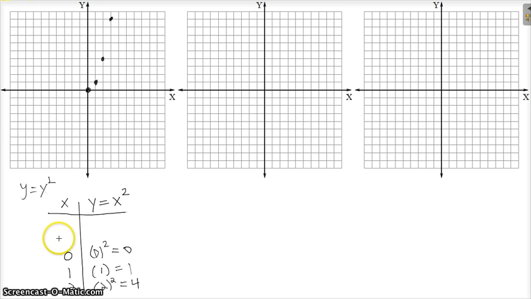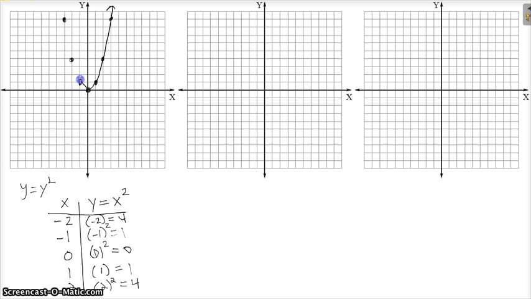Now another thing that's interesting about a parabola is that if I take -1 and square it, I get the exact same thing as if I took 1 and squared it. The exact same thing would happen if I took -2. So there's a couple of things that we need to be aware of. First of all, there appears to be symmetry about this graph, and that's going to be true of all parabolas.